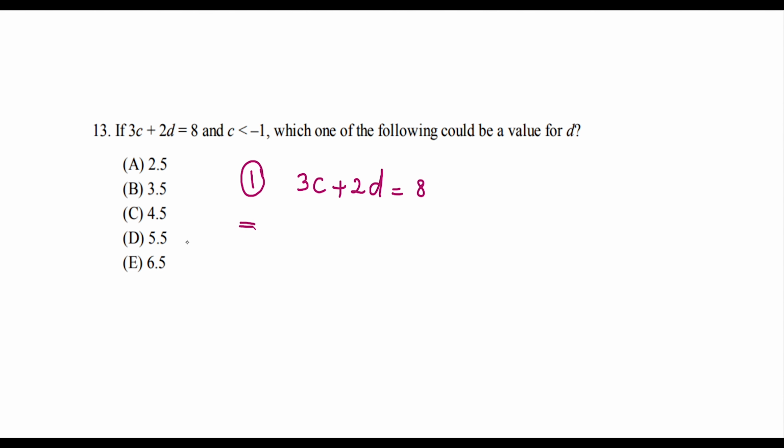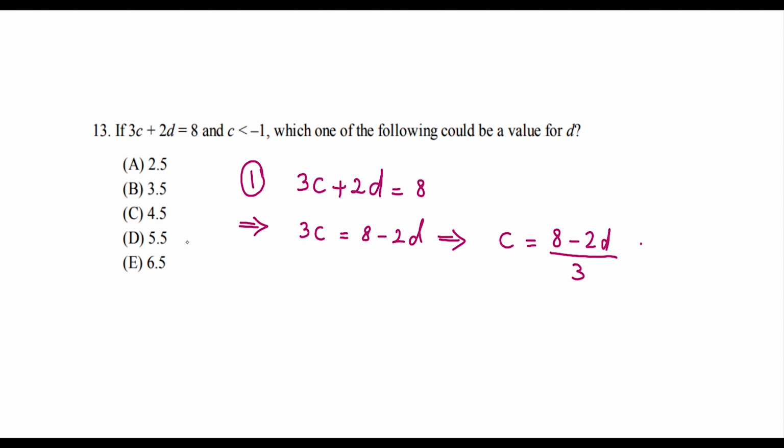So we can rewrite the expression like this: 3c equals 8 minus 2d, and c equals (8 minus 2d) over 3. And we know that c is less than -1.